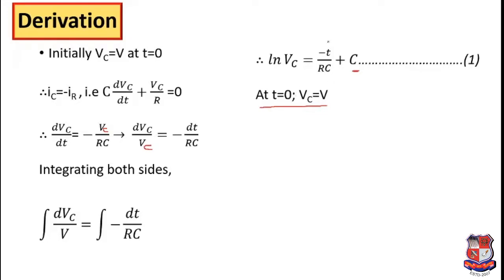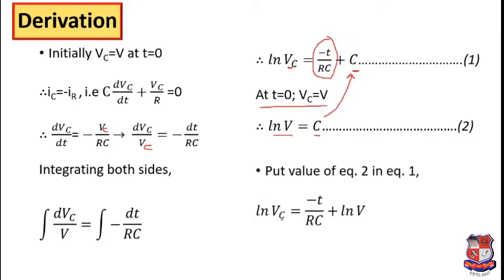The initial condition is at t equals to 0, Vc is equal to V. So you will get C equal to ln V. Place the value of C over here, so you will get ln Vc equal to minus t by RC plus ln V.